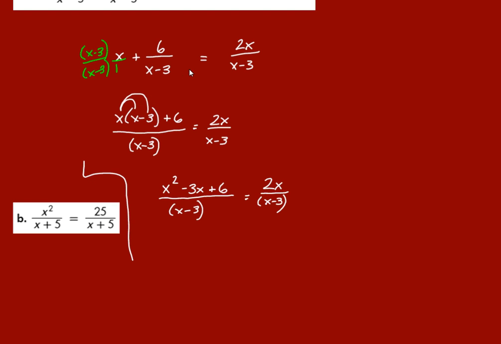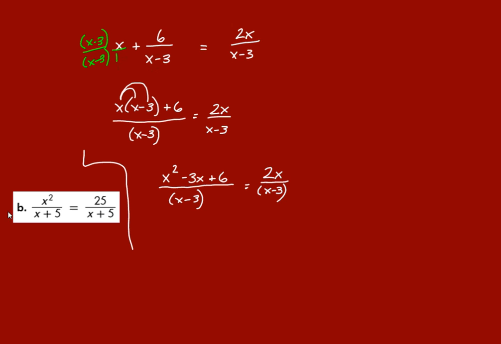Once you get a common denominator, you can do this. So I could have up here, and I'm going to do it here, multiply this by x minus 3, and this by x minus 3. I'm just scaling it up by a term of x minus 3, and what happens is the denominators cancel, and I'm left with x squared minus 3x plus 6 equals 2x.